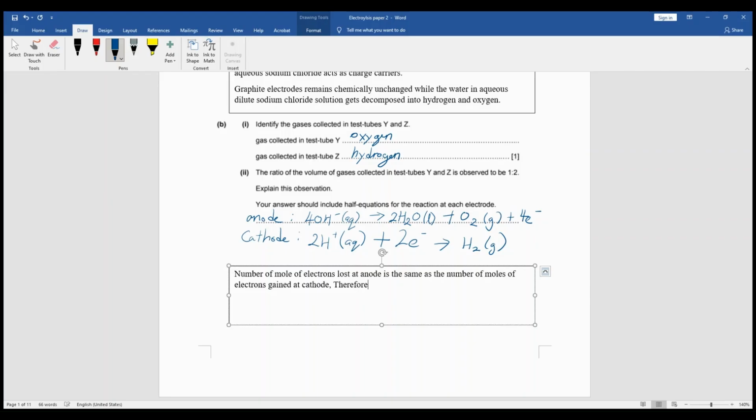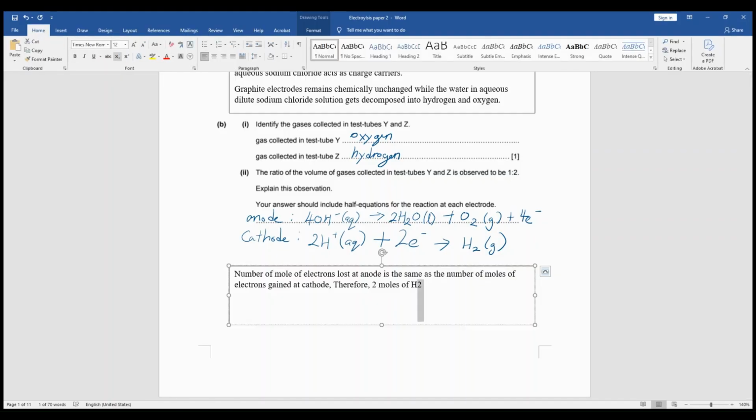Therefore, you can write times 2 in the cathode and balance it so that it's 4:4. Then you realize that you have the same. Therefore, 2 moles of H2 is produced with 1 mole of O2.